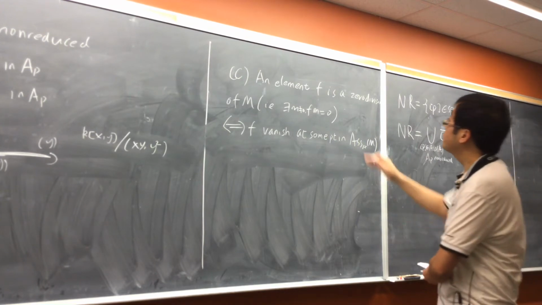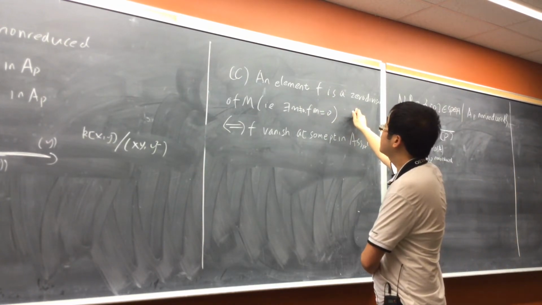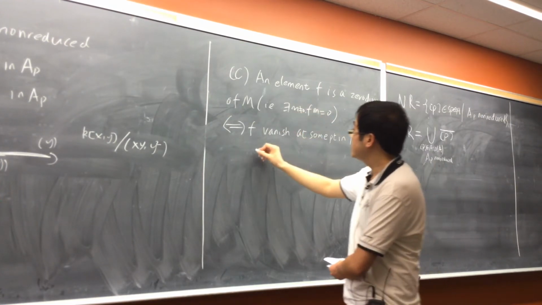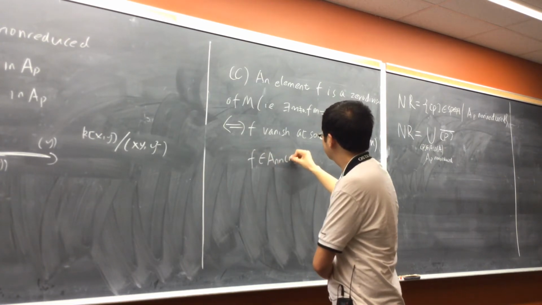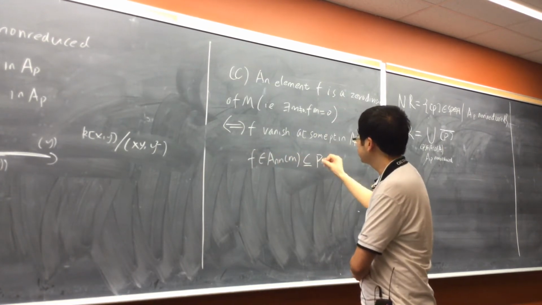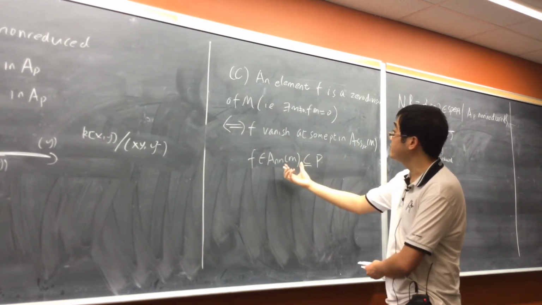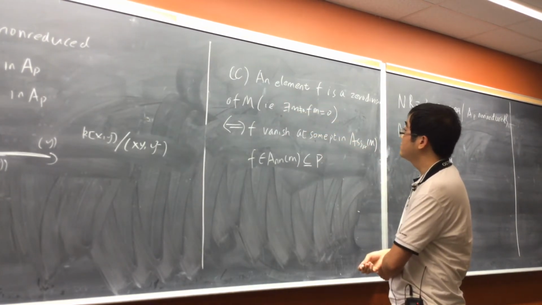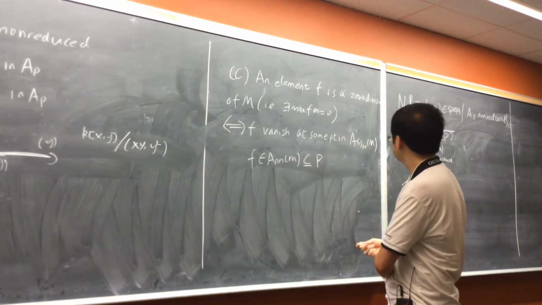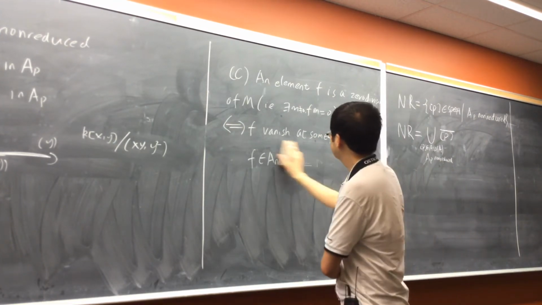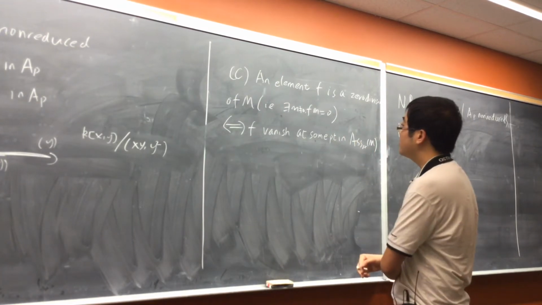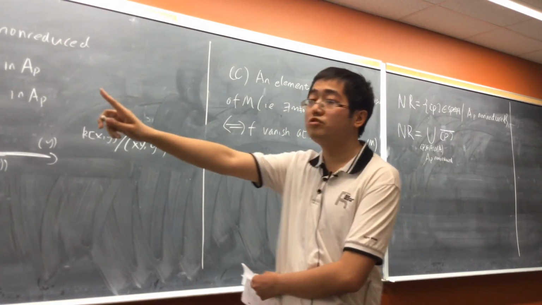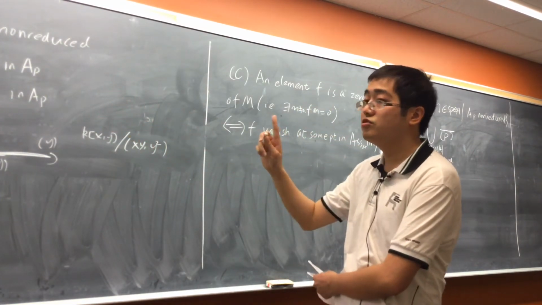So remember, if F is a zero divisor of M, that means F is in the annihilator of that element m, and it's also in some of the associated points that contain this. So that's the direction from this to this, and this probably shows that the other side is also true. I'm not totally sure, but I think this statement is the connection between the definition we used at the beginning and the algebraic definition we used later.